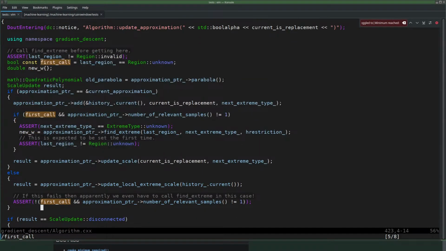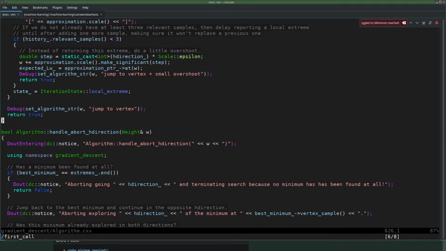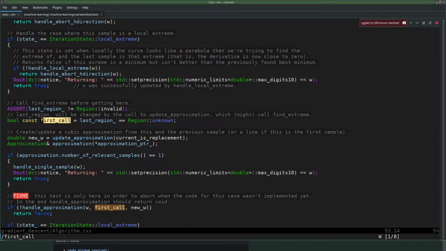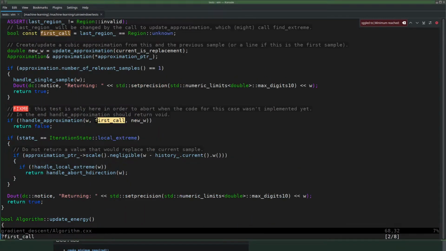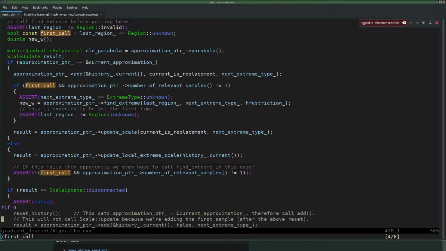I'll ignore a search. This is then the function where it was passed to. And then we go to the top right. So it's passed to handle approximation and used here. That's it.